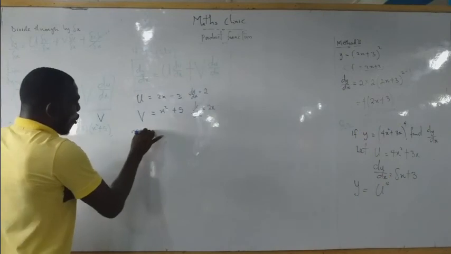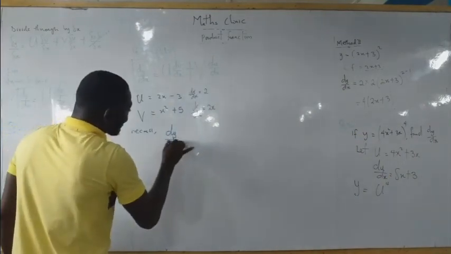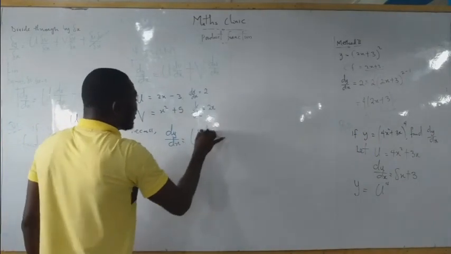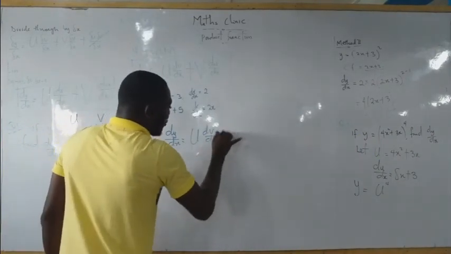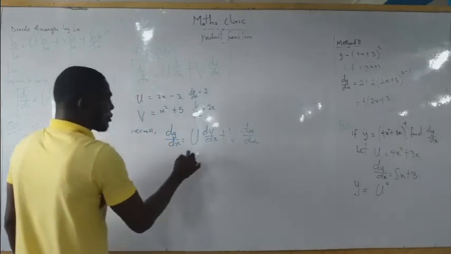So recall that dy/dx equals u dv/dx plus v du/dx.